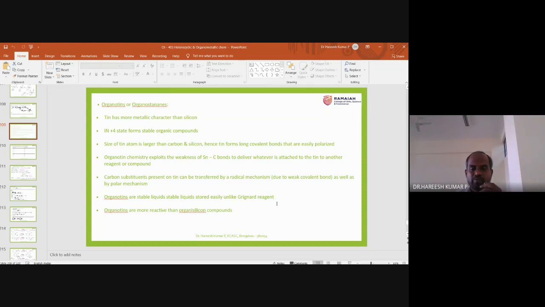That is the problem with the Grignard reagent. That means a Grignard reagent requires an argon atmosphere, so that there is no moisture in it. Organotins are more reactive than organosilicon compounds.